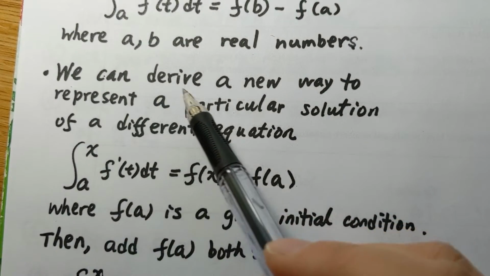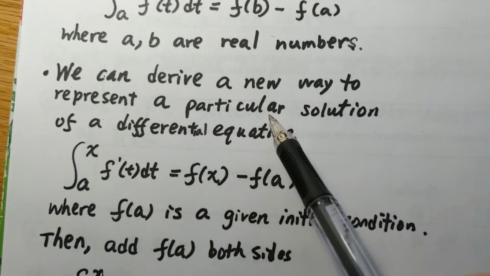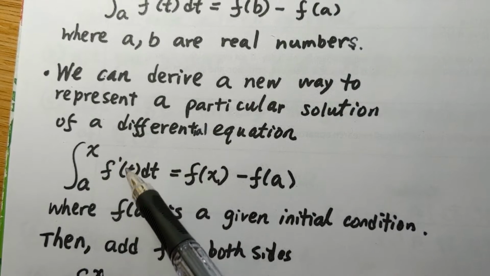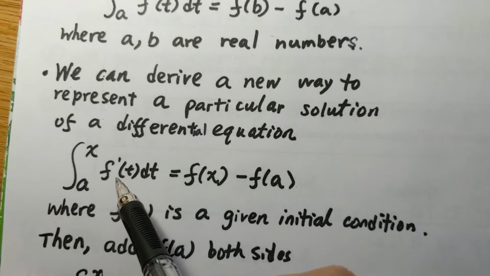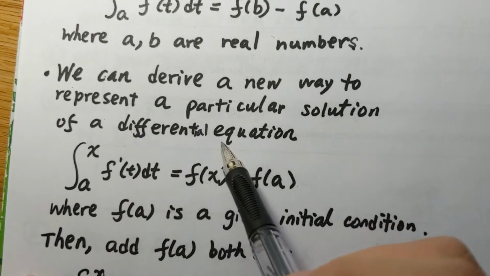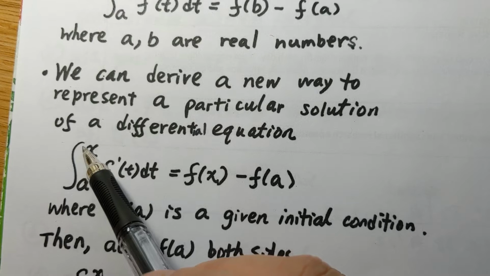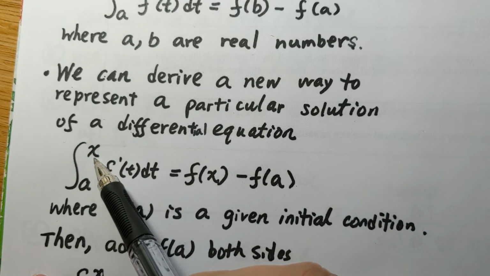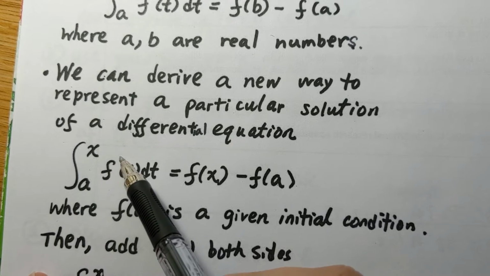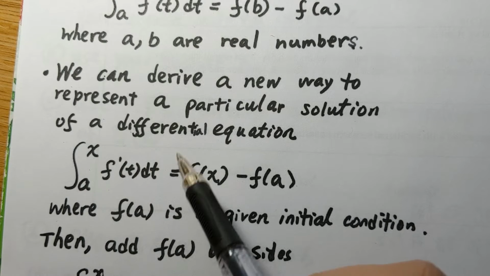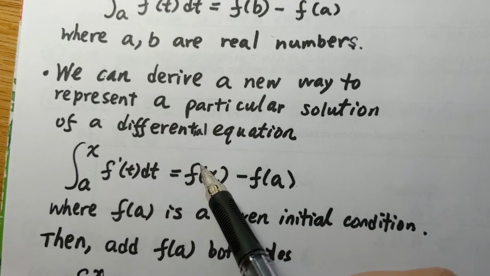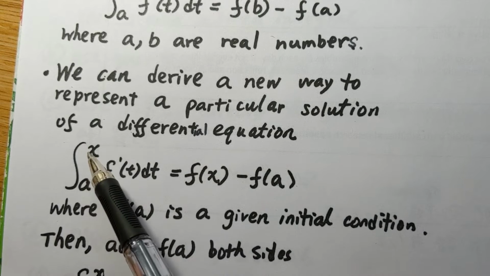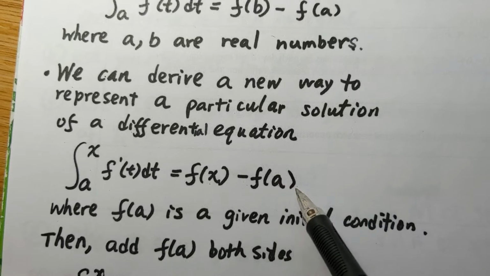So we can derive a new way to represent a particular solution of a differential equation. We know that f prime t is a differential equation, so differential equation means derivative. So we say that the integral from a to x, we replace b by x, of f prime dt, is equal to the antiderivative big F of x minus F of a.